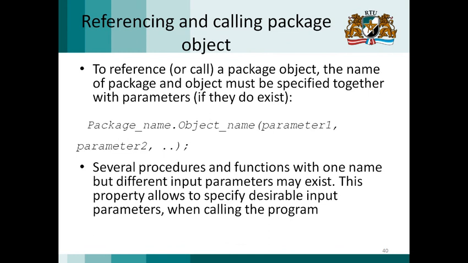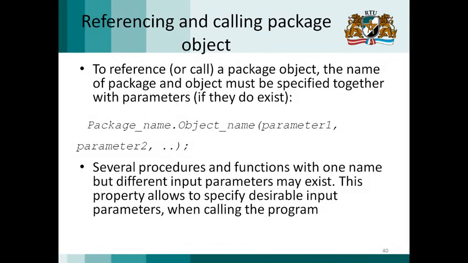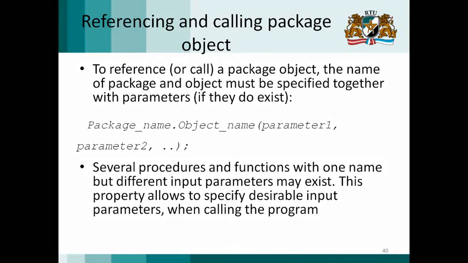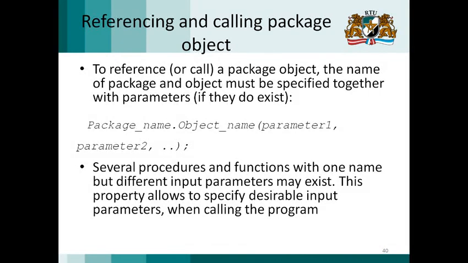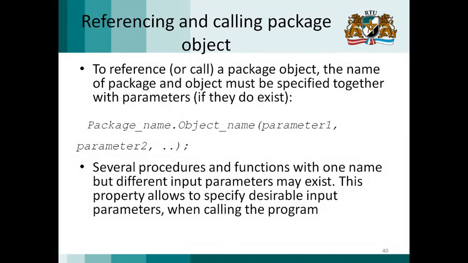But in this case, it might be, for example, of order 2 types. And if we would call this procedure sum and give it parameters that are order 2 type, then depending on what we have written in this procedure, it might, for example, give us a text 1, 2, just a text.